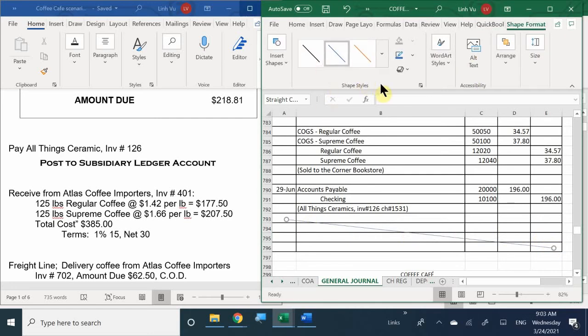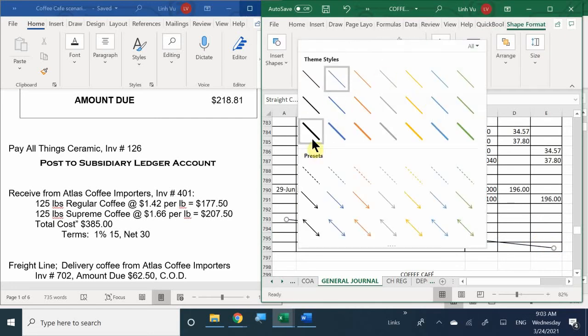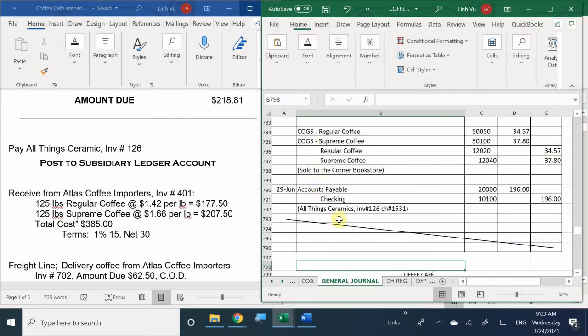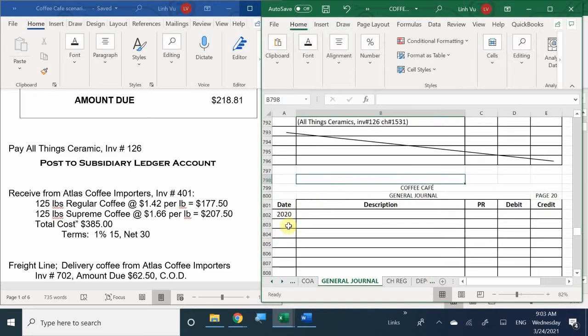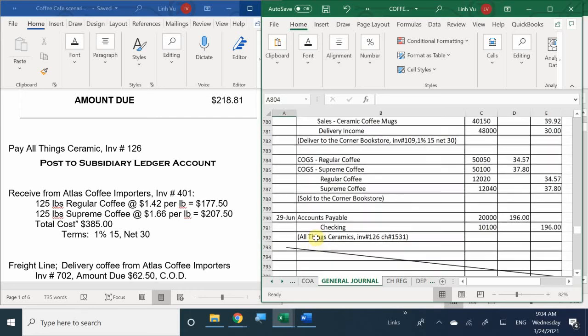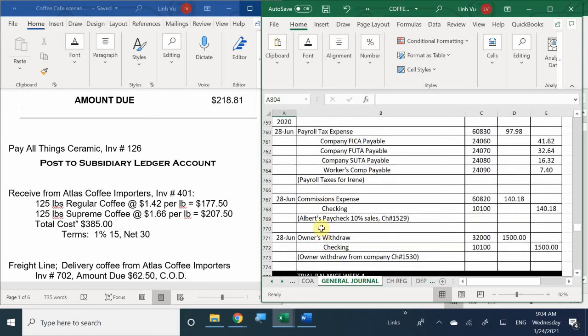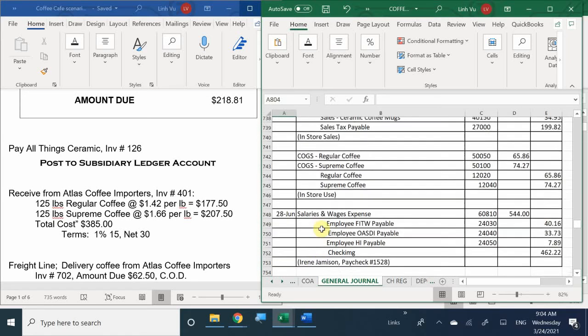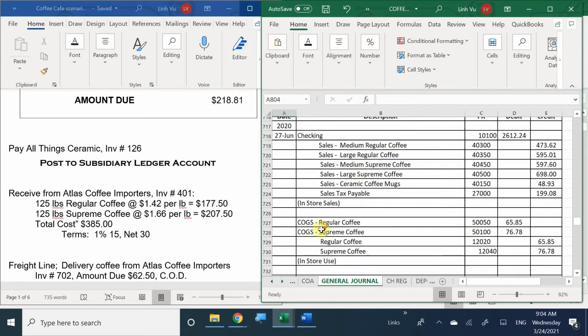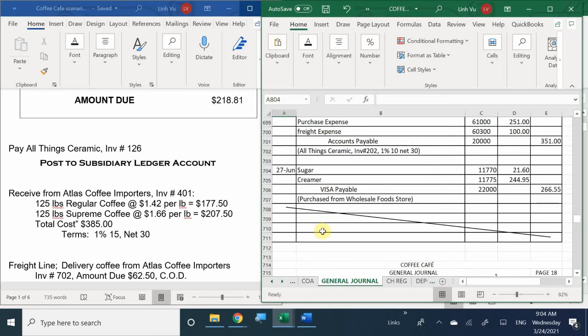Okay, so I'm going to be moving on to the next journal. So I'm going to start here on journal number 20 for the rest of the time. Okay, so how am I going to journalize my coffee? Regular coffee, supreme coffee, and accounts payable. Good.